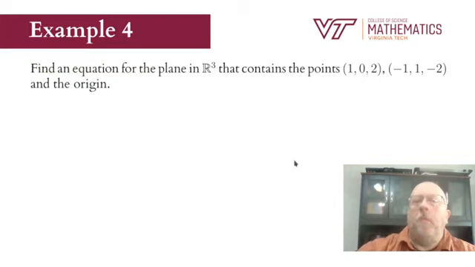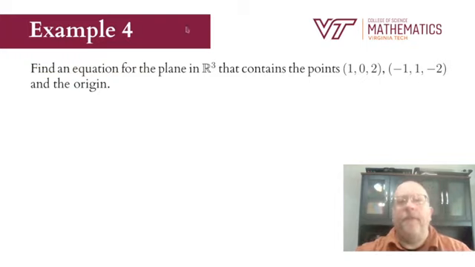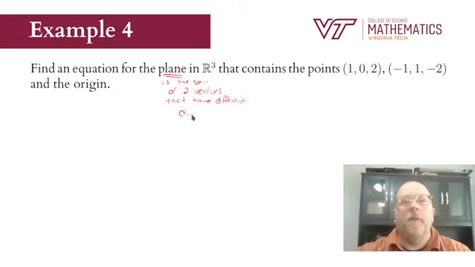So let's find an equation for the plane. Okay. Because we now know that a plane is the span of two vectors that have different directions, I just need to create two vectors out of these 3 points.